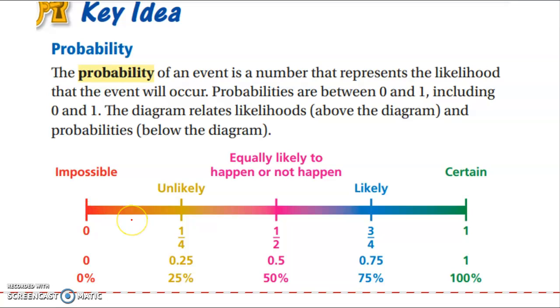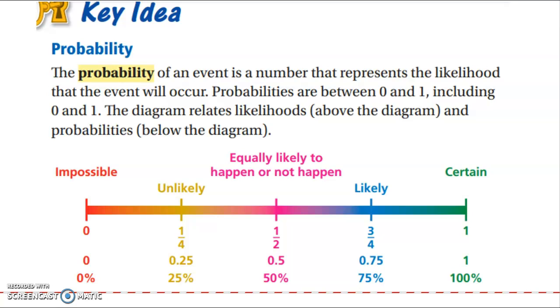So if you see this line, 0 is impossible, never happen. I like to look at percents. Unlikely, that's about 25%, so somewhere around there. Has to be more than 0. And then equally likely or not happen, that's close to 50%. Likely is between the 50%, and certain is 100%, no way to lose.